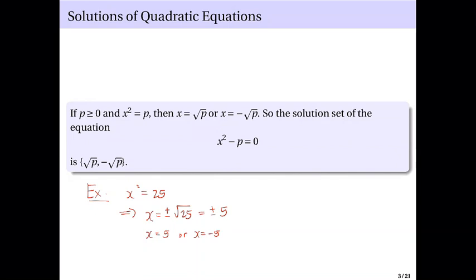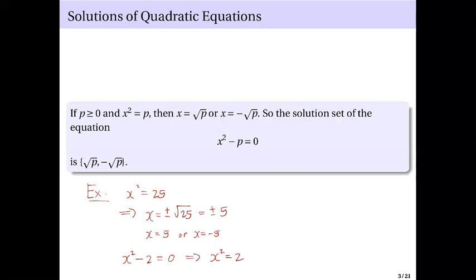Another example, maybe you have x squared minus 2 equals 0. This can be written as x squared equals 2.